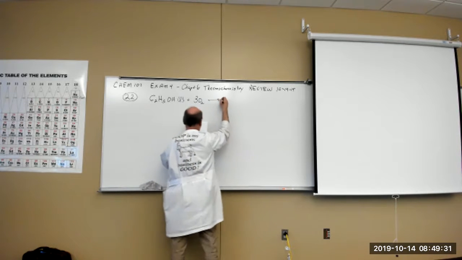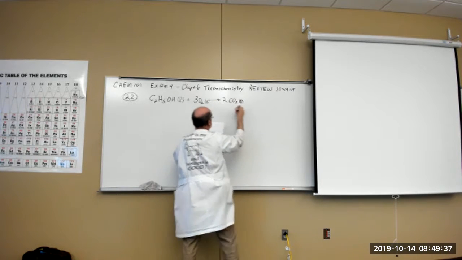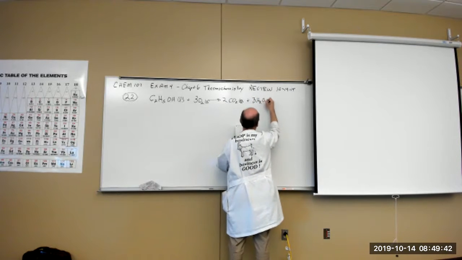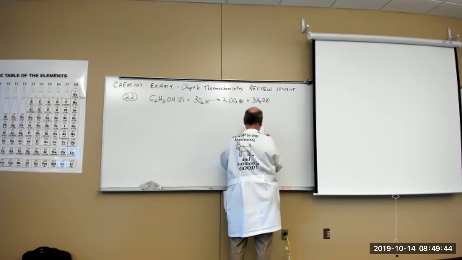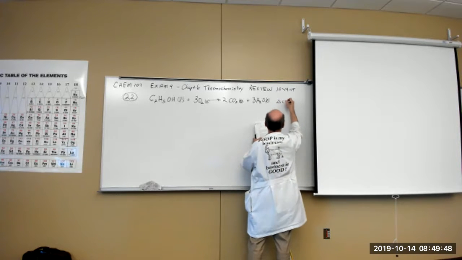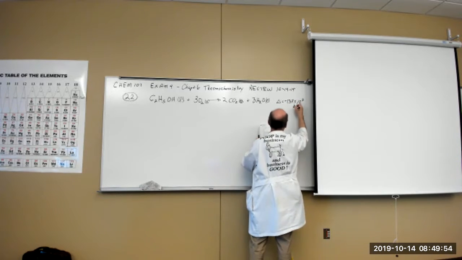And that yields 2 carbon dioxide. This is a gas. And 3 water. And the delta H of this reaction is minus 1.37 times 10 to the third kilojoules.